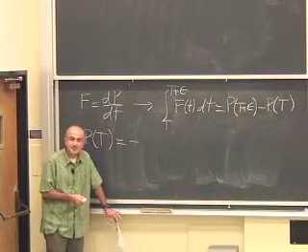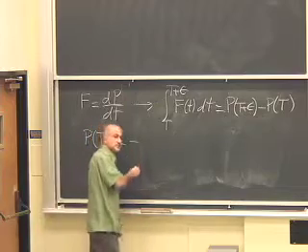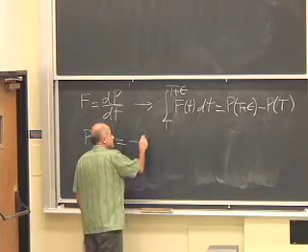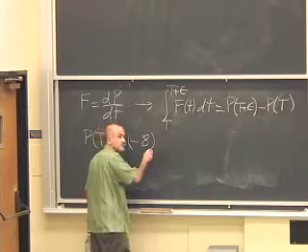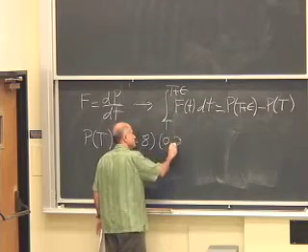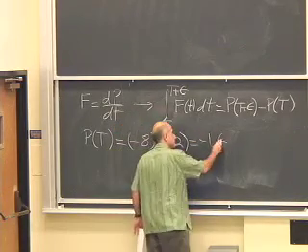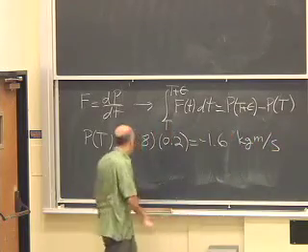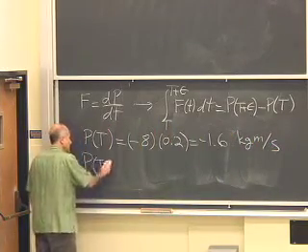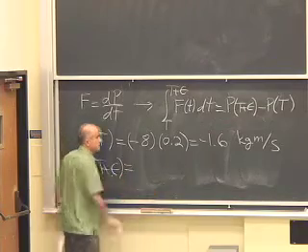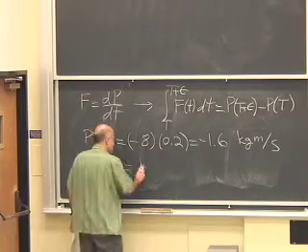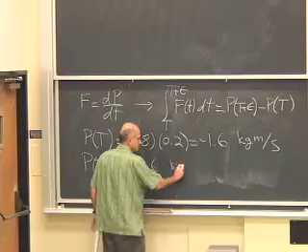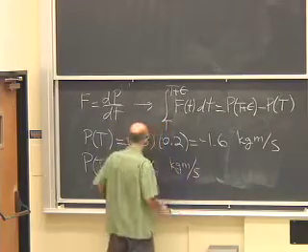What's the number? Negative 1.6. And how do you get that? Negative 8 times 0.2. Kilogram meters per second. And what's the departure? Positive 1.6 kilogram meters per second.